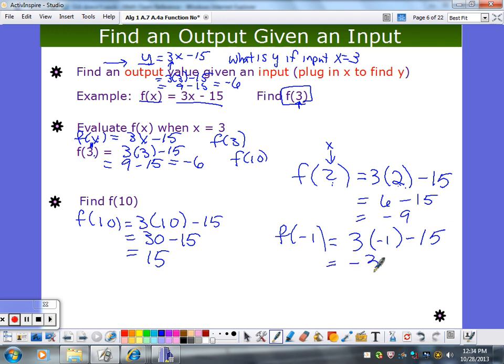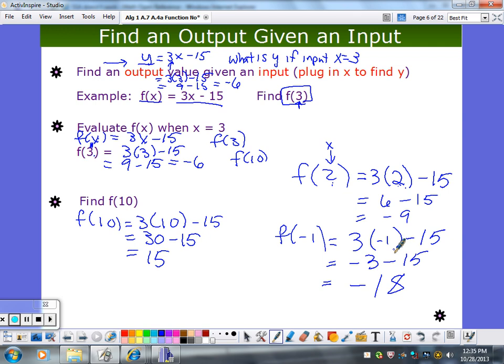So that's negative 3 minus 15, which is negative 18, isn't it? Right? But what do I do? I replace the x over here. That's all you've got to do.